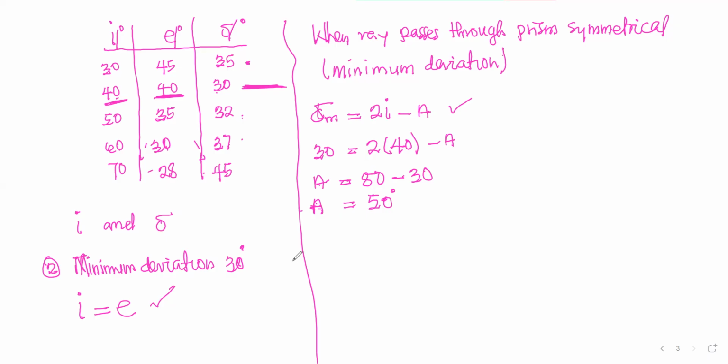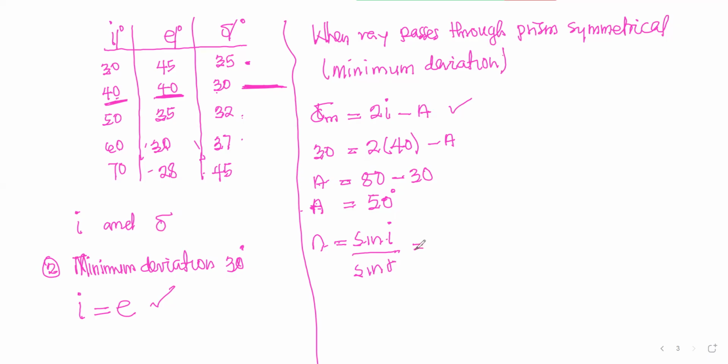Then calculate the refractive index of the material. The refractive index of the material is sine of angle of incidence over sine of r.